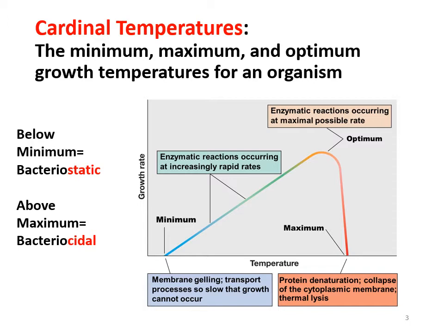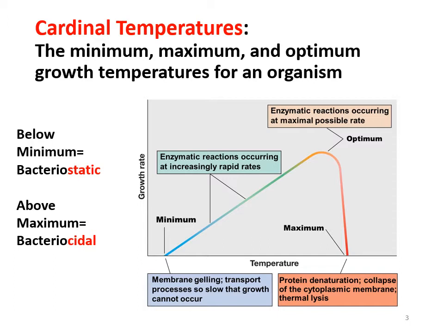When you end up outside of that optimal temperature and you go beyond your minimum, beyond your maximum, then you start to encounter various problems. And we're going to talk about these in the next slide a little bit more as well. But basically, when you are below minimum, your enzymes, which are a type of protein, a lot of your metabolic reactions, they slow down and they will almost, in some cases, stop.